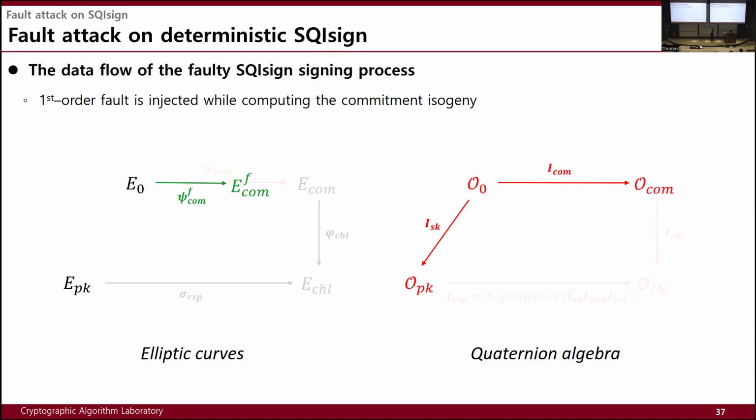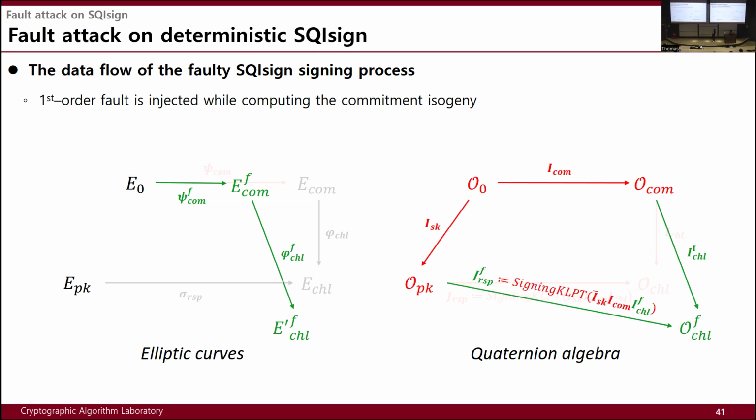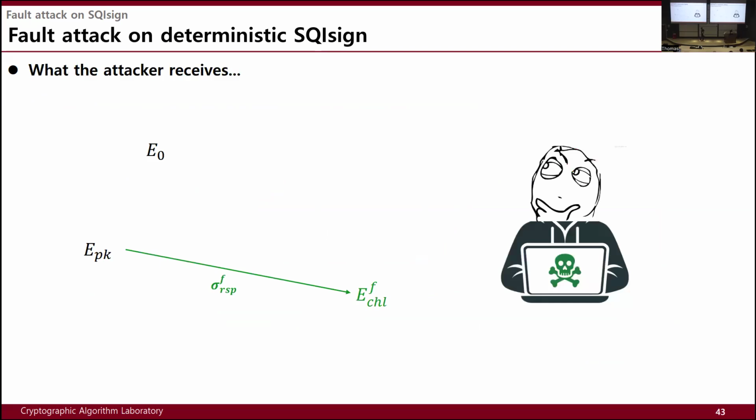And when a first order fault is injected while computing the commitment isogeny, the faulty commitment isogeny has a lower degree, but the commitment ideal remains the same. And the data flow goes like this. What we have to focus on is that the codomain of the faulty challenge curve and the codomain of the faulty response curve are different.